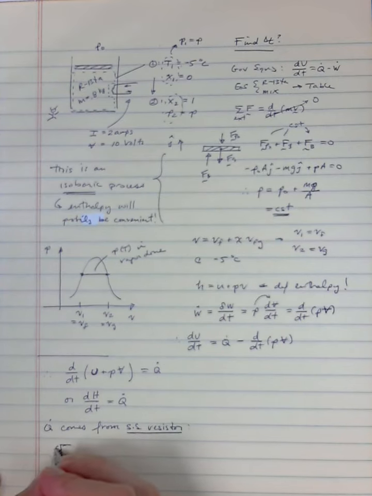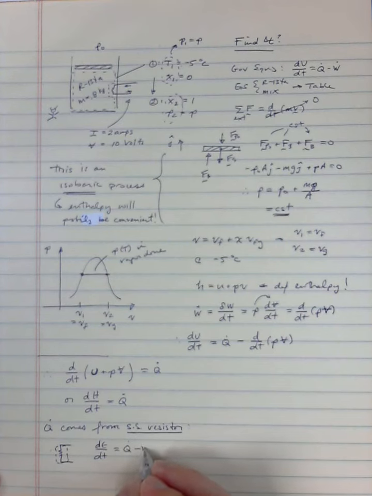If my control volume surrounds just the resistor, what is the first law for this resistor? dE dt equals Q dot minus W dot. Here I use E because a resistor is not a blob, so it has perhaps other types of energy besides just thermal energy. But it doesn't matter because it's zero.